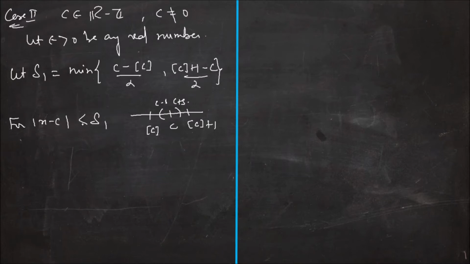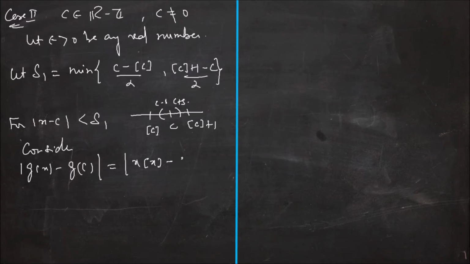So for |x minus c| less than delta 1, consider |g(x) minus g(c)|. So this is equal to |[x] minus [c]|. Because my x lies in this interval, the greatest integer function of x will be [c].